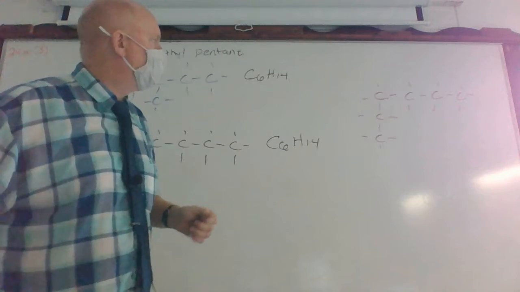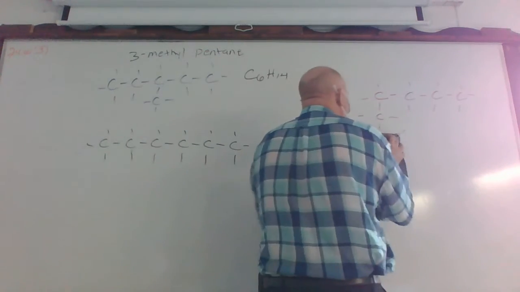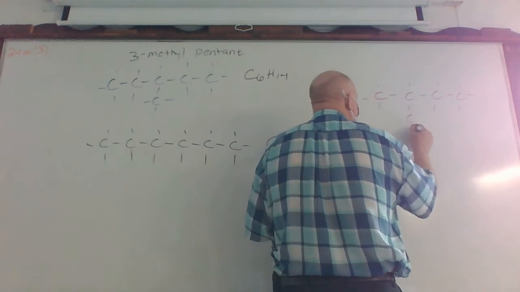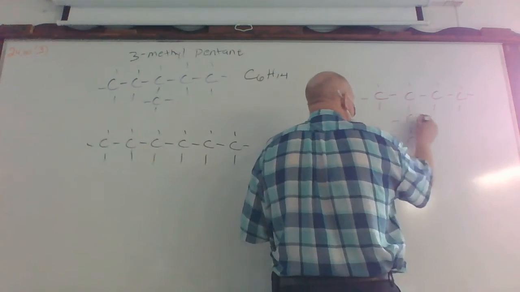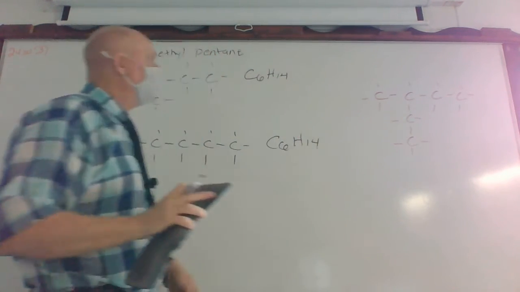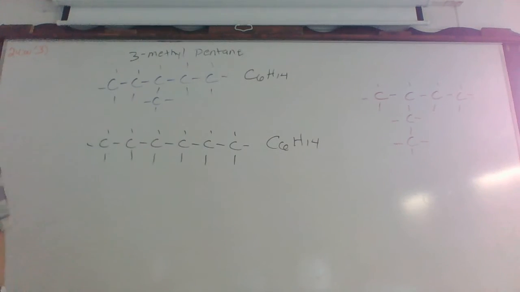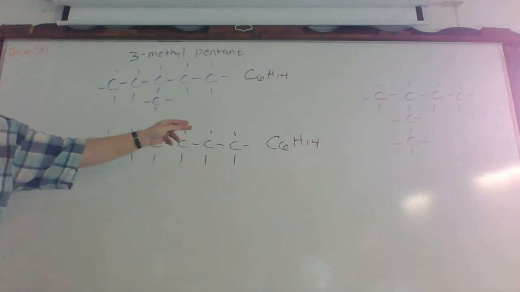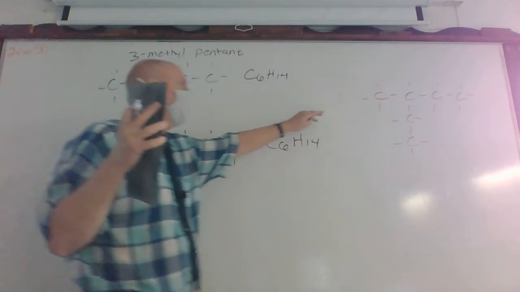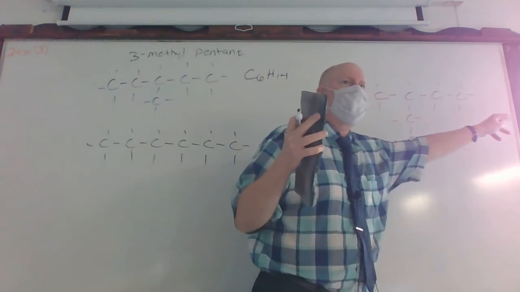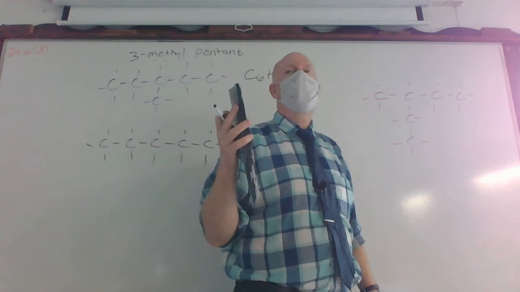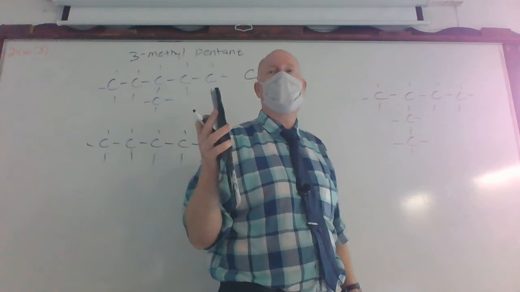So when we try to do that, if we move this over, does that look like 2-ethylbutane? It looks like it, but does that compound exist? It does, but not as a butane molecule. What is it instead? What's your parent chain?